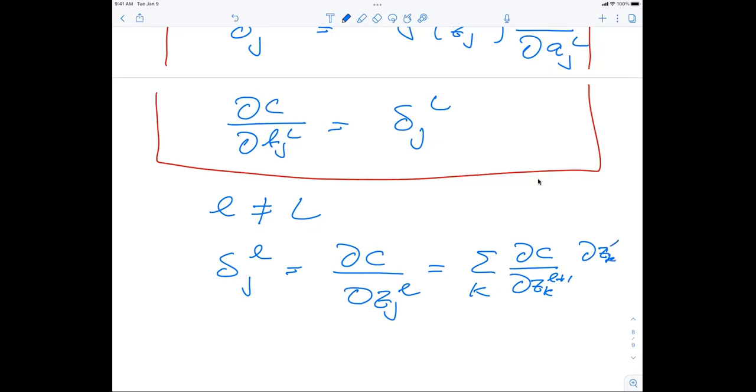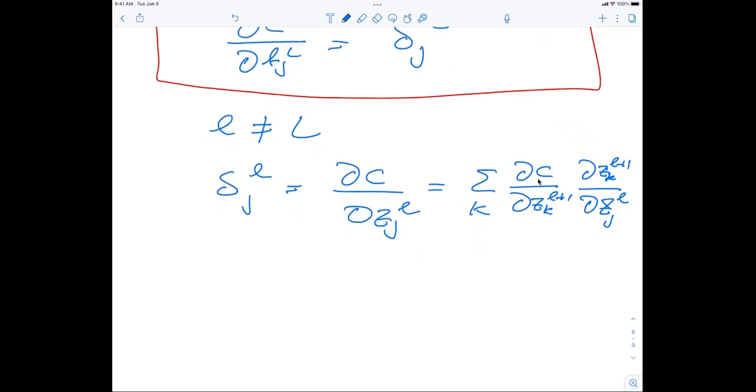So I have dC/dz_k^(l+1) times dz_k^(l+1)/dz_j^l. So we just sum over all the nodes in layer l+1, and we want to propagate back to the layer l. And then we just sum over all the contributions, and we use the chain rule in order to define this contribution here by summing over all the nodes in the layer l+1.